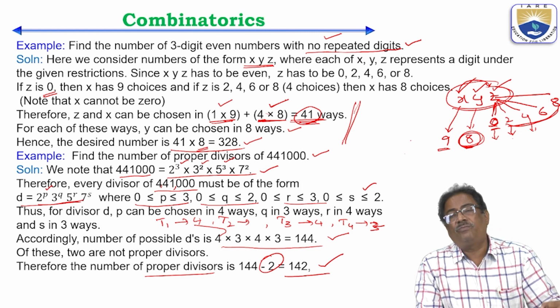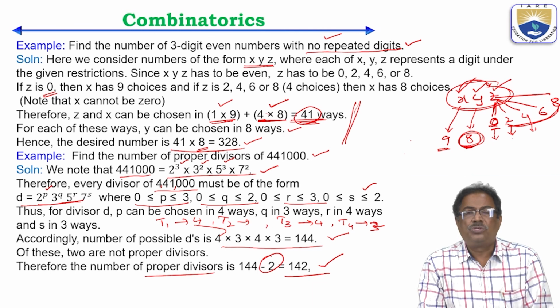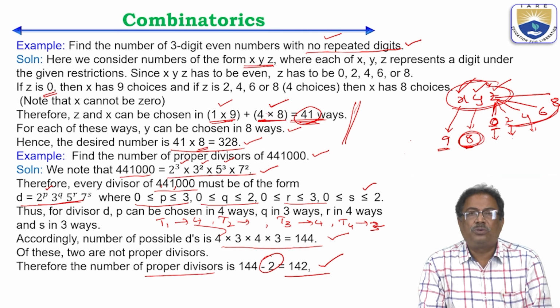When we apply the product rule and the sum rule, whenever the tasks are performed one after the other, then the product rule is going to be used.